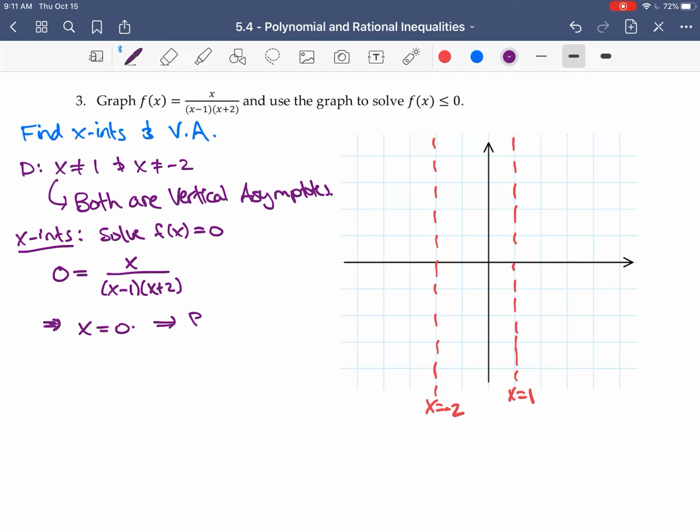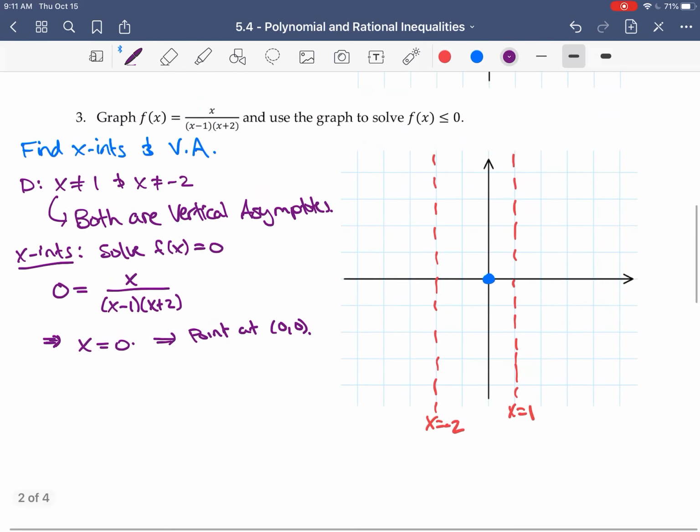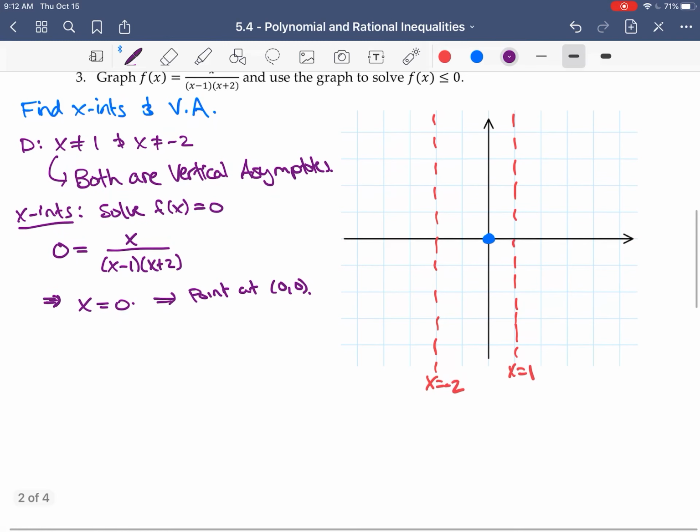We get a point at (0, 0). Those are the places where it can cross. Now, since we're using the sketch, at this point I guess we want to see if there's a horizontal asymptote.